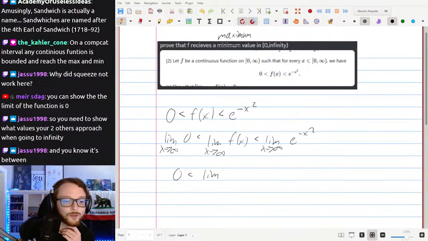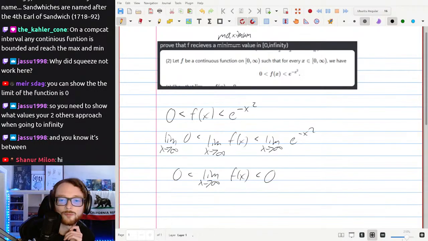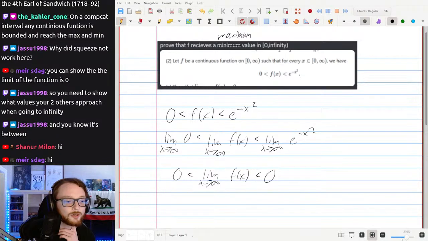0 is less than the limit as x goes to infinity, f of x less than 0. And then f is a continuous function. Hey Shanner. And so as long as we can find one, and since f of x is always positive, it has to have a maximum.